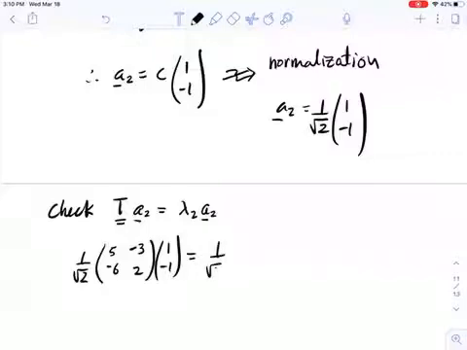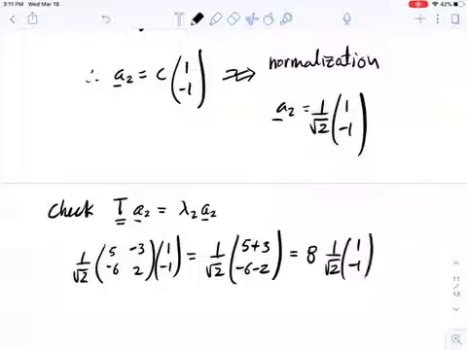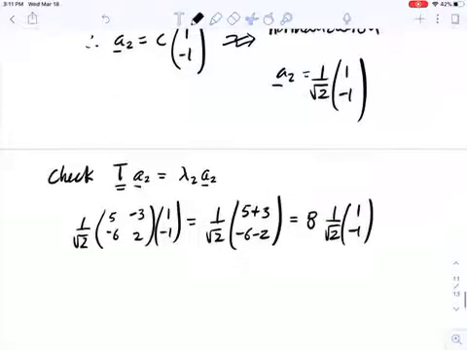So that's 1 over root 2 times 5 plus 3, so there's our 8, and then we have minus 6 minus 2, there's our minus 8. And so this is equal to 8 times 1 over root 2 times (1, minus 1). And this is lambda 2, and this is A2. So again, that worked out nicely.